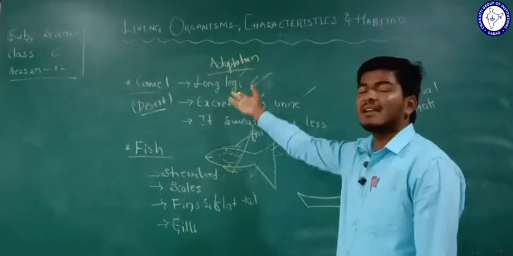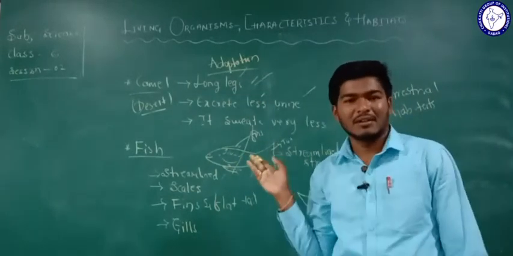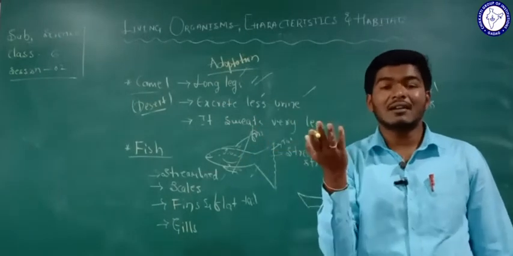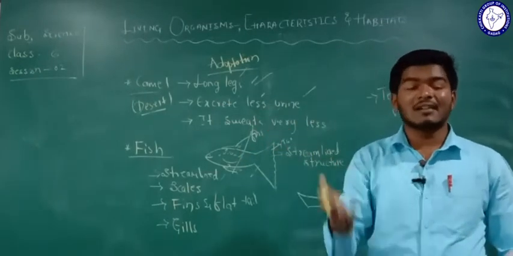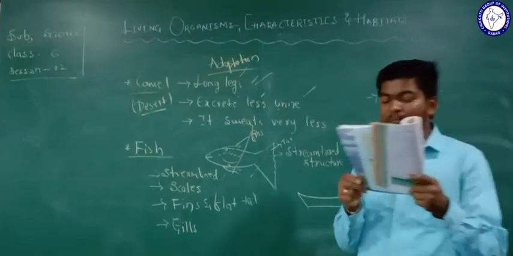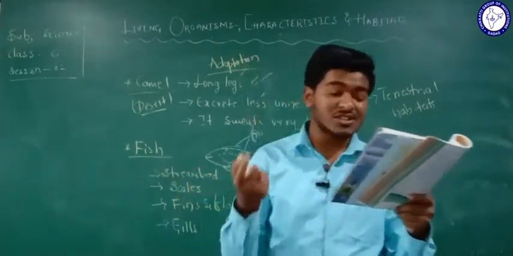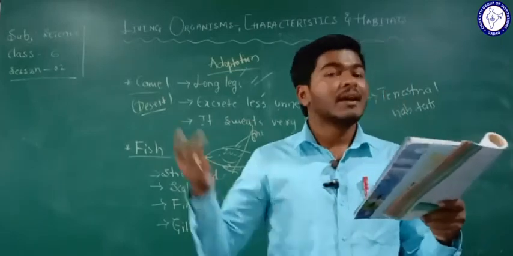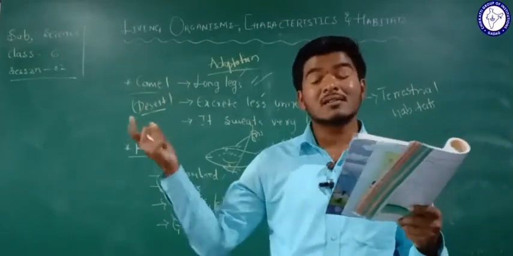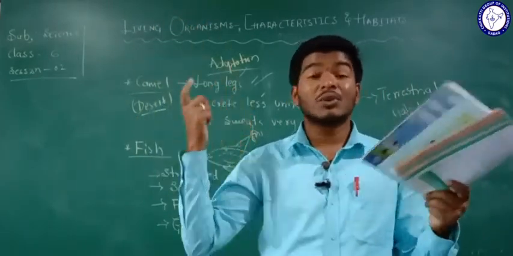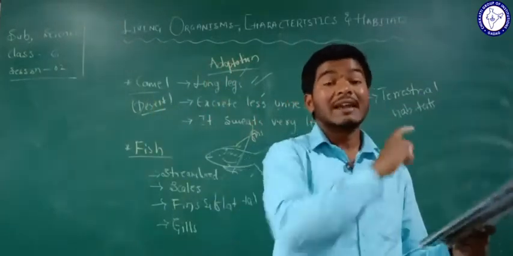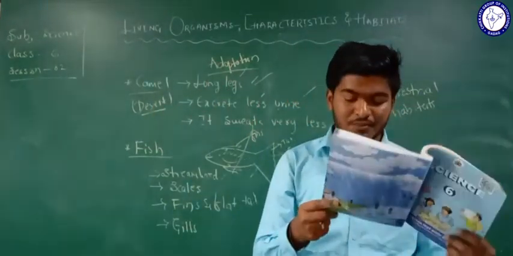For example, the camel also comes under the terrestrial habitat, isn't it? Because it lives on the earth's surface, that is, on the land. Some examples of terrestrial habitats are forests, grasslands, deserts, coastal and mountain regions. Mountain regions, deserts, forests and also hills all come under terrestrial habitats.